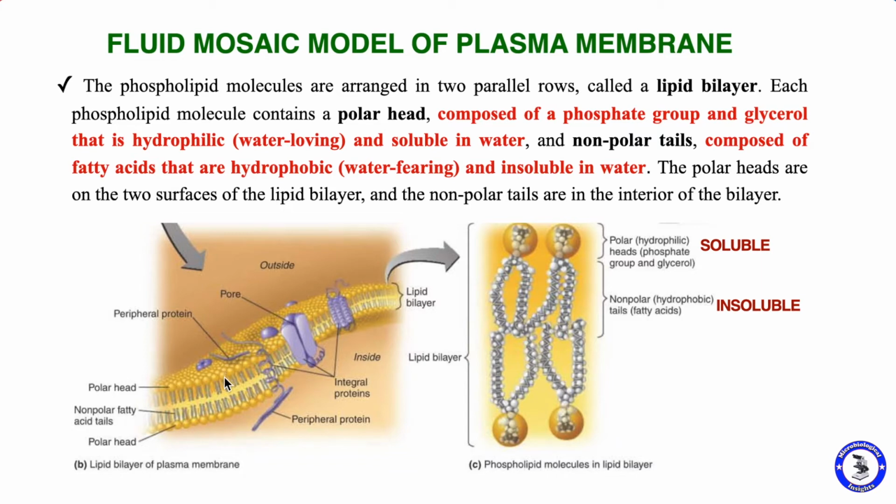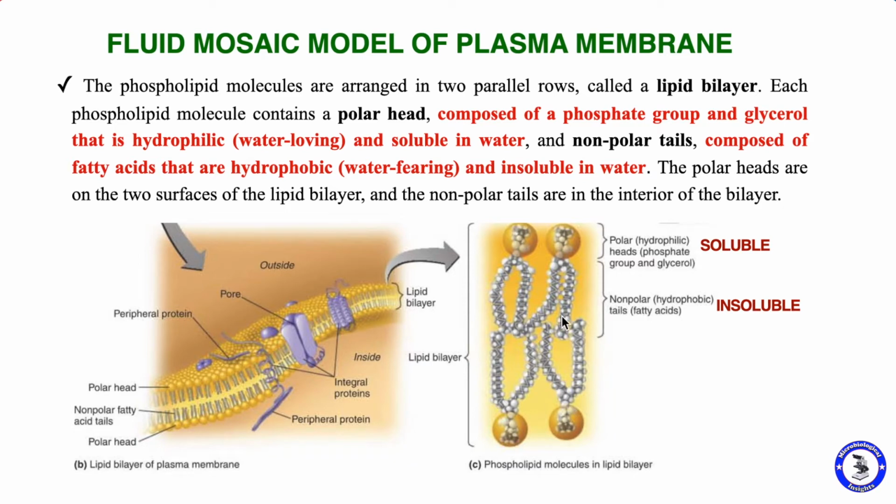When we take each phospholipid molecule, you can see a polar head and a non-polar tail. This is the polar head and this is the non-polar tail. This is a clear picture of one phospholipid molecule.